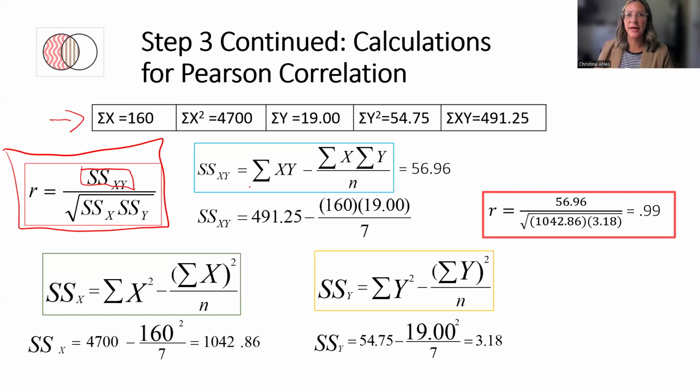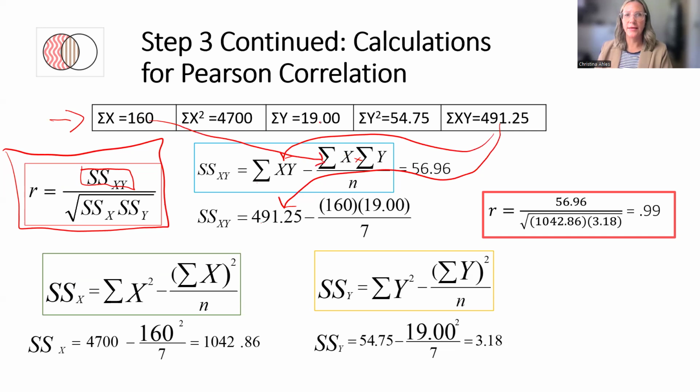Here's what that looks like. The sum of the product of x, y, minus the sum of x times the sum of y, divided by n. So this looks like right here, the 491.25, that's this value. It goes right here. Then you have your sum of x, so this value goes here.